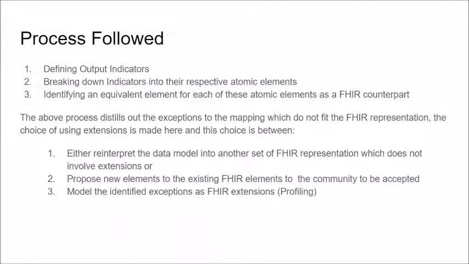For example, in openIMIS there is insuree, and that we have mapped to Patient, which is again mapped to another metadata point in DHIS2. Following this process, we ended up with some of the representations getting mapped correctly into FHIR, and some of it was left out.